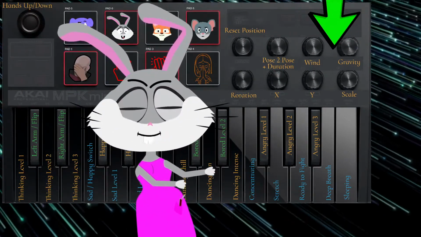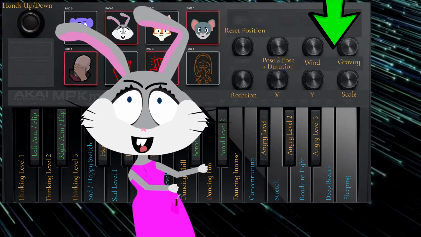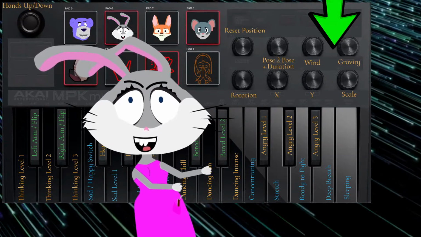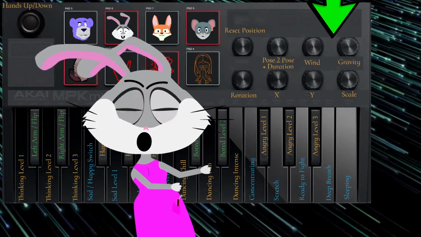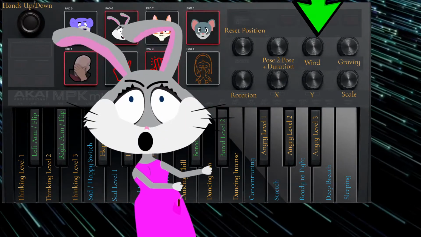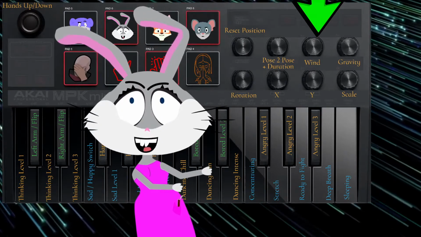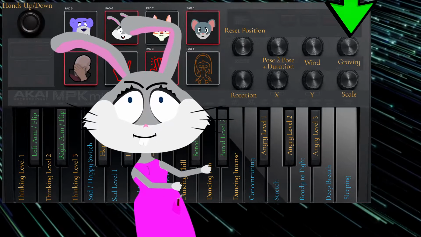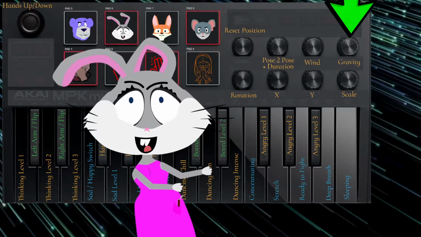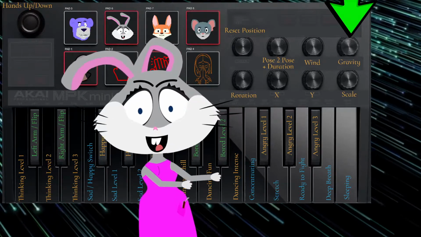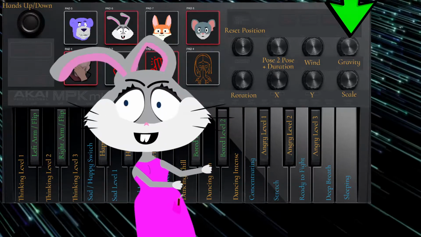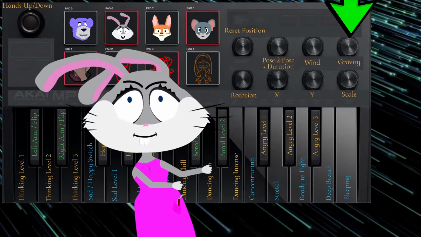Right now they only affect ears, so we can have a little bit more wind and it's going to blow in this direction, and we can turn it off or we can keep it on. Let's turn it off to just compare it with gravity. As we increase gravity, the ears go down, it's getting heavier, and we can do it at the same time as we do wind.